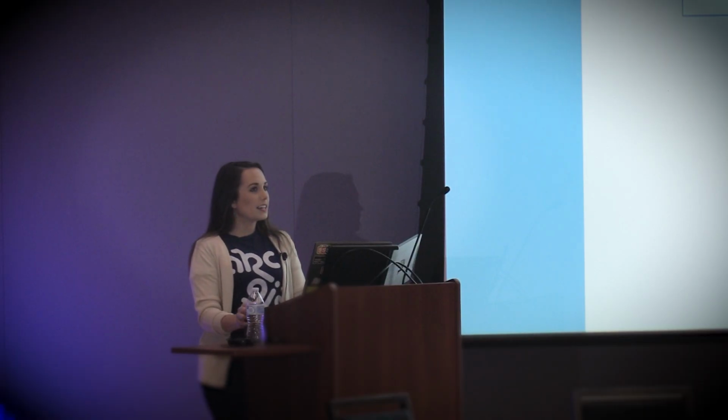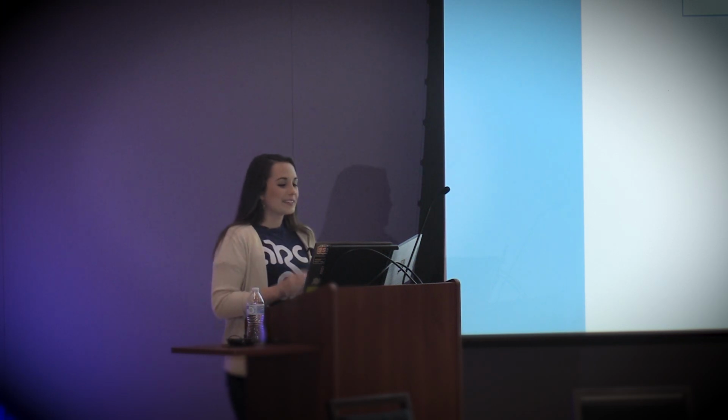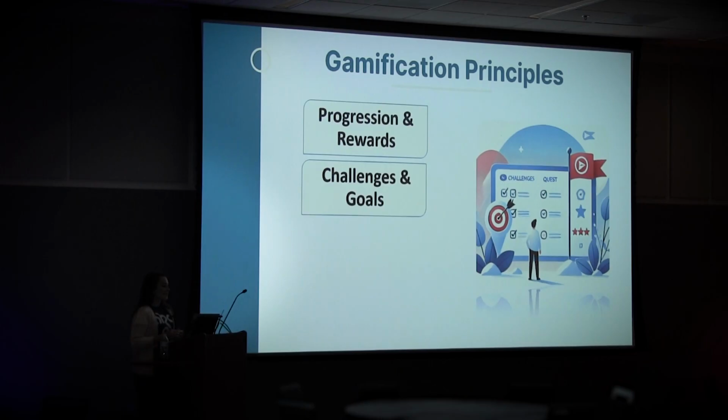This principle provides users with something to work towards, such as quests, daily challenges, or time-sensitive tasks. These kinds of challenges give structure and a clear sense of purpose for the end goal.